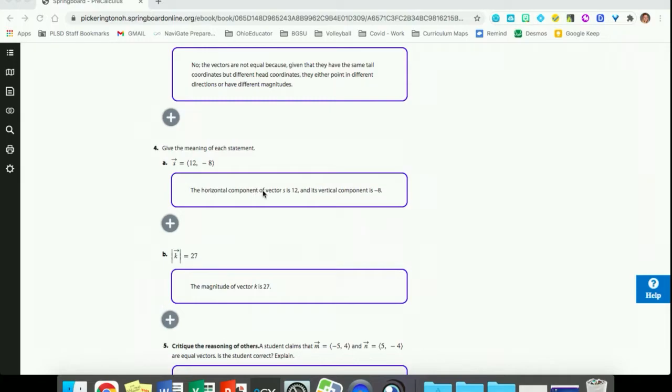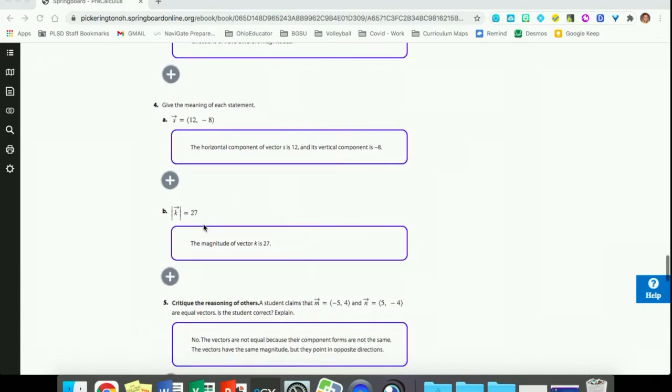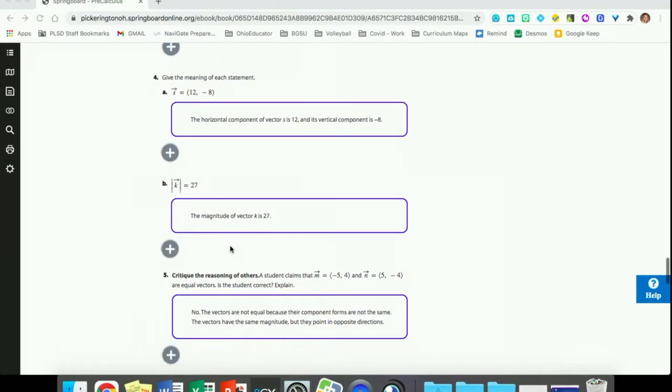So the horizontal component of the vector S is 12, and the vertical component is -8. So that's just making sure you understand the notation of a vector. Letter B, this notation represents magnitude. So this is the magnitude of vector K, which is 27. So magnitude of vector K is 27.